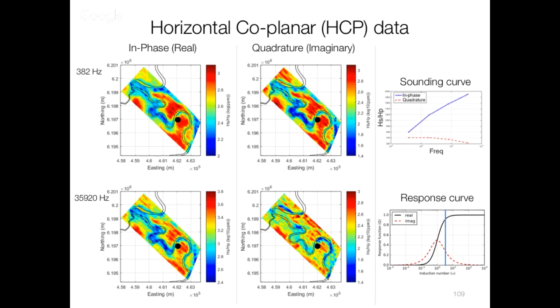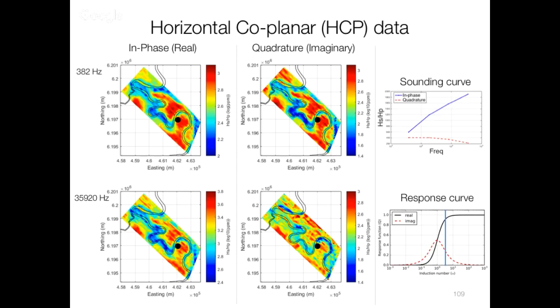So what's going on here? Well, this guy is really big, and he gets bigger the higher the frequency. Higher frequency, this guy gets smaller. Oh, what's happening here? Oh, I remember. We're talking about this response curve. Yeah, remember this induction number on this side, right?